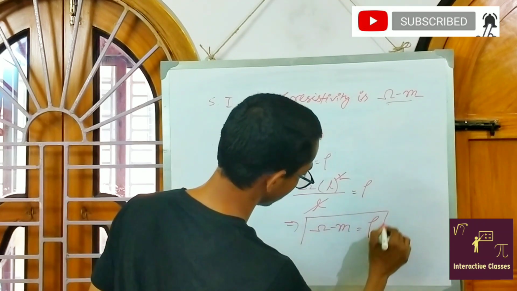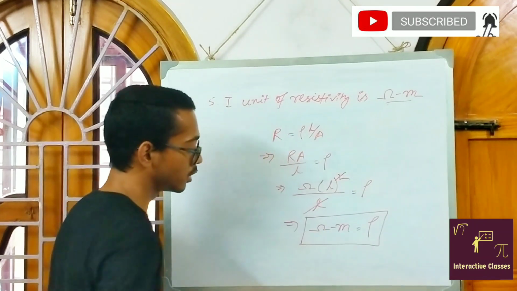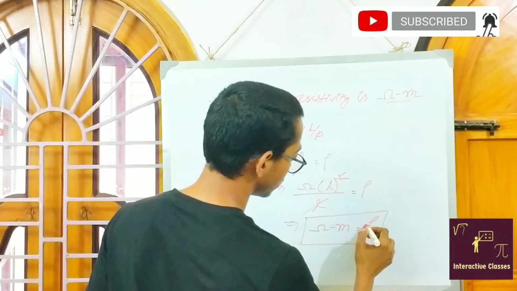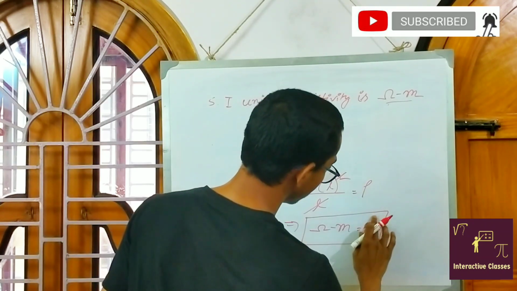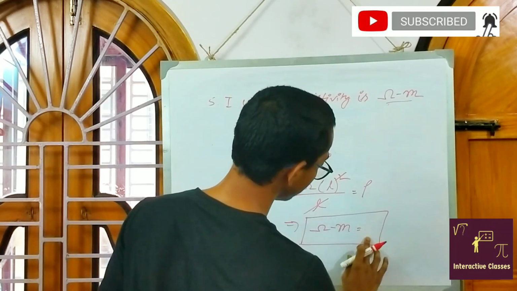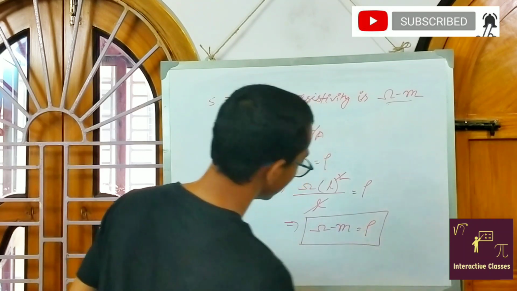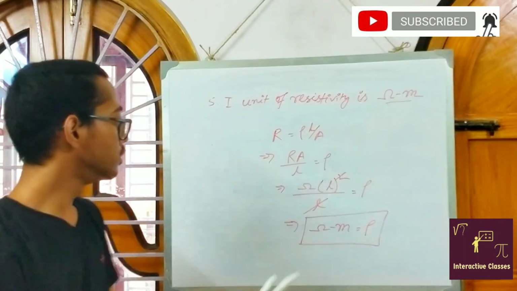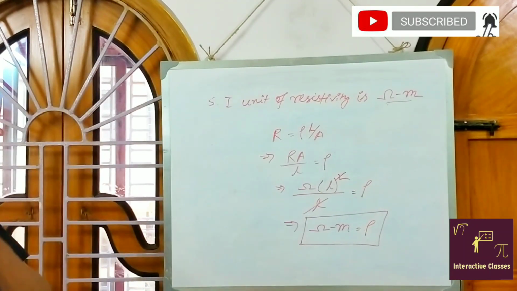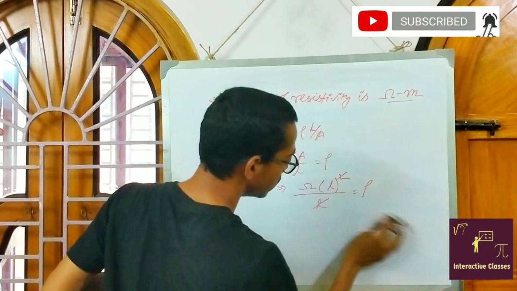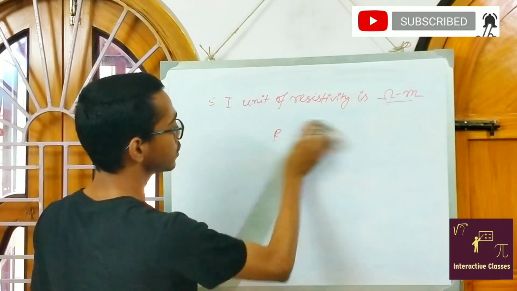This ohm meter is the SI unit of rho. Okay, I think this is clear now. SI unit of resistivity is ohm meter.